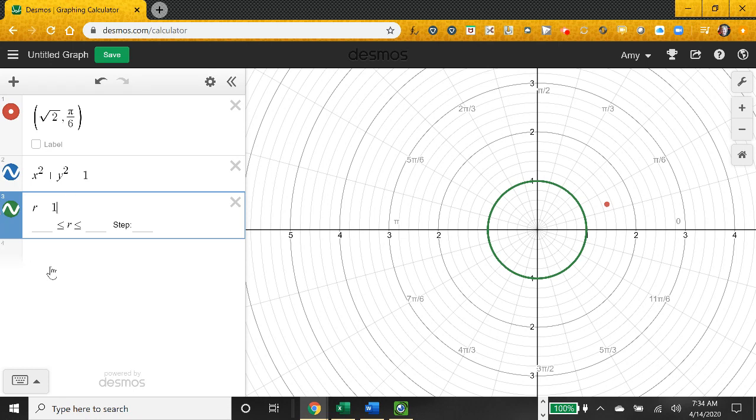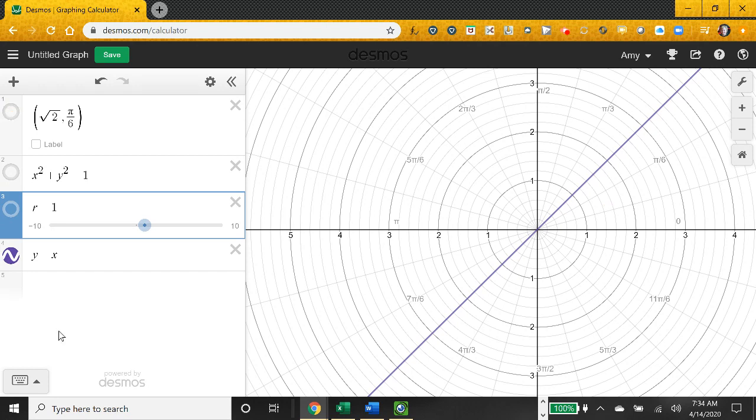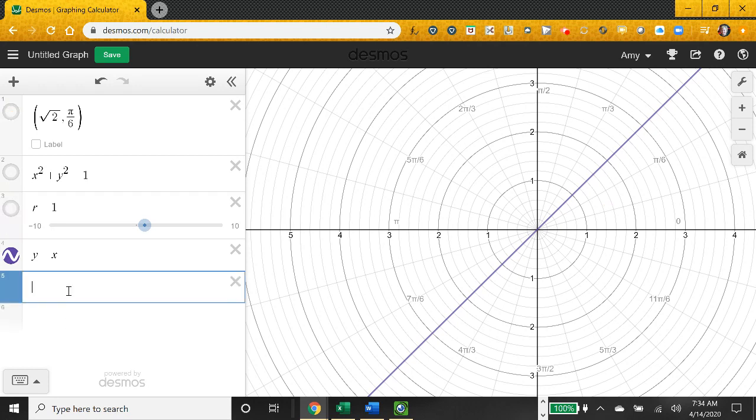Well, what about equations of lines? Well, y equals x. Here it is. There's y equals x. That's an equation of a line. Whoop. I was trying to hide these for a sec. Well, in polars, it doesn't matter what r is.